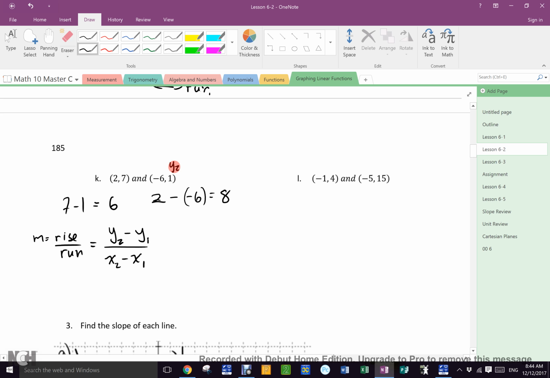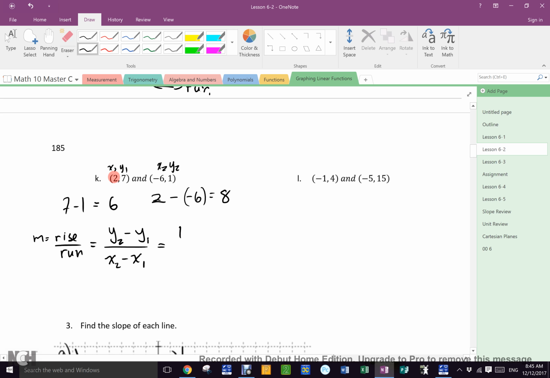If this is y2, then what is this guy? x2. If these guys are x2 and y2, what are these guys? x1 and y1. So what would I get if I followed this formula? What is y2? 1.